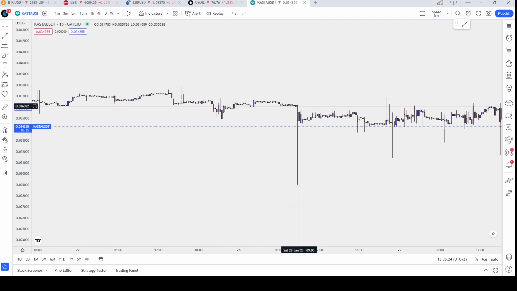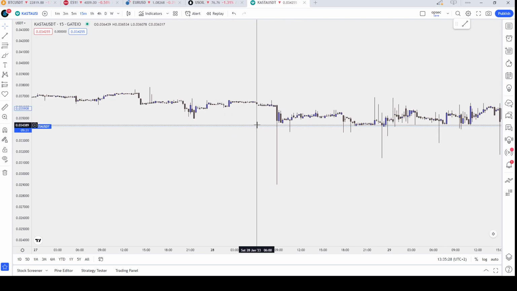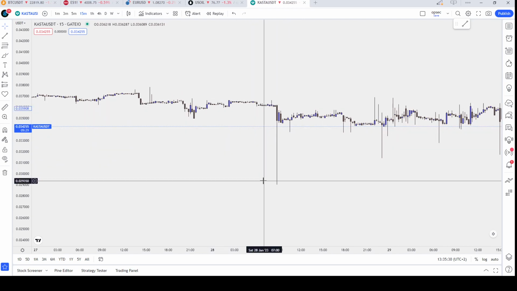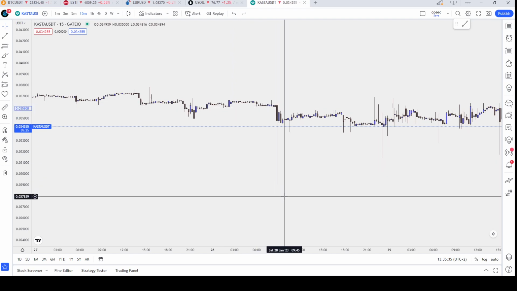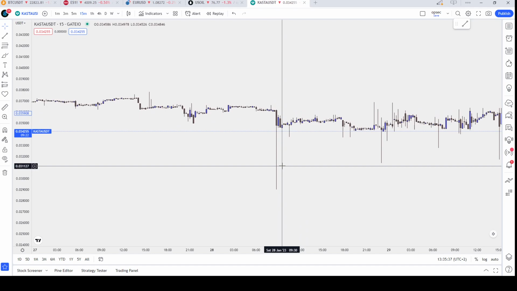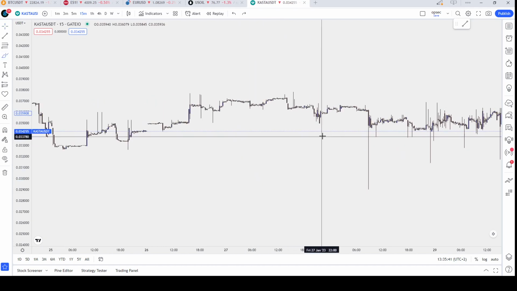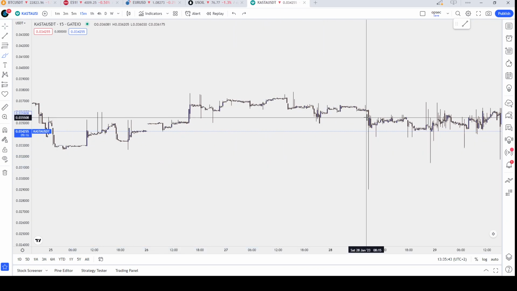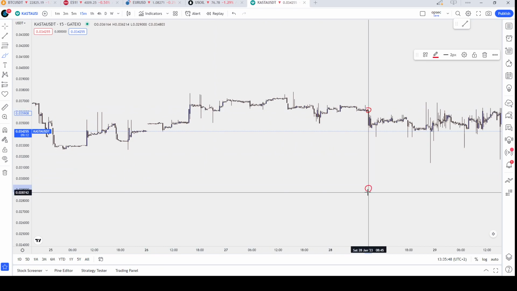The way these moves happen is because these types of coins have no liquidity. So if I set a buy limit here, it's likely that price is just going to wick down to it eventually when somebody clicks market sell and there is no more resistance, right? So what happened was there was no more resistance between this price and this price.